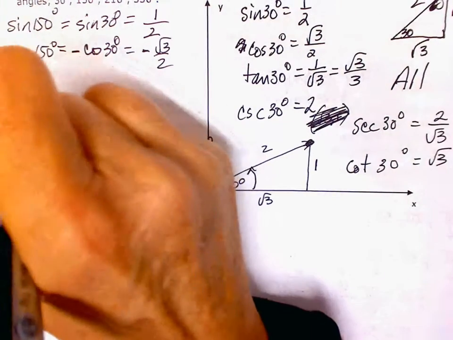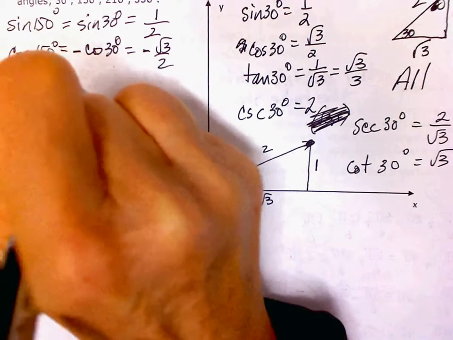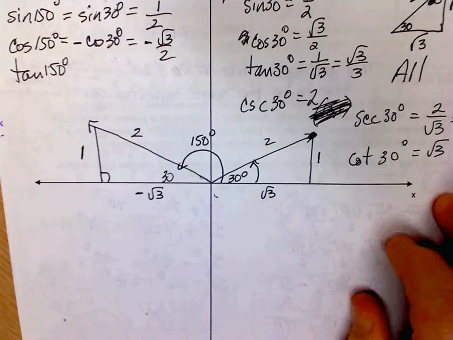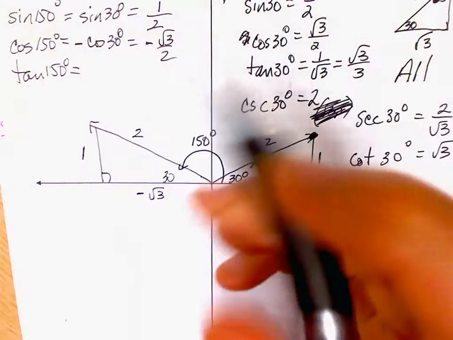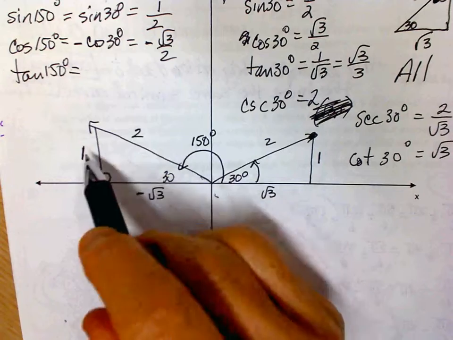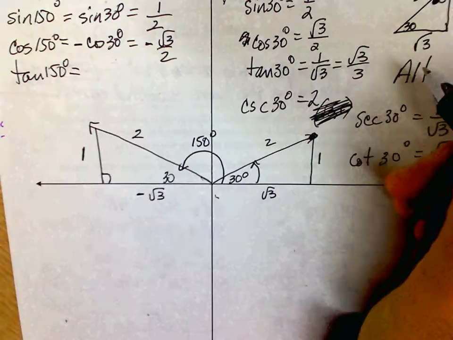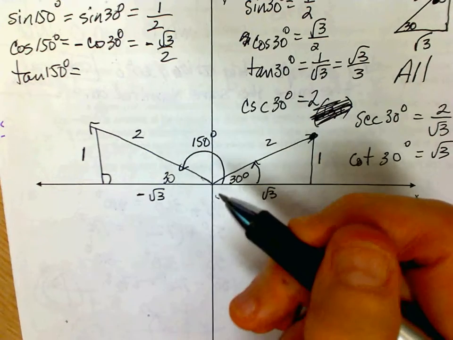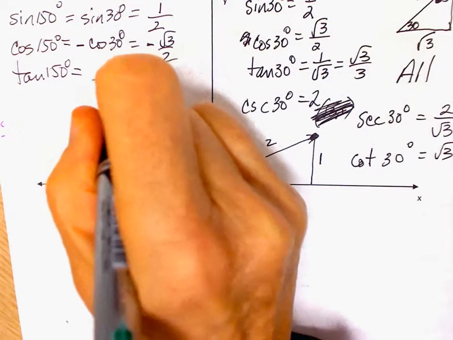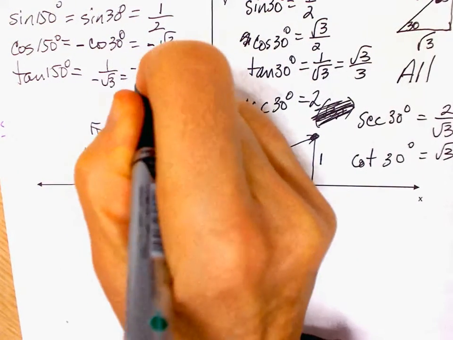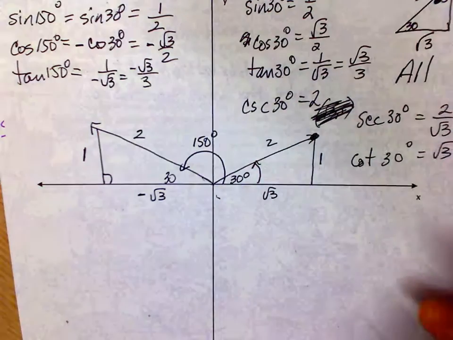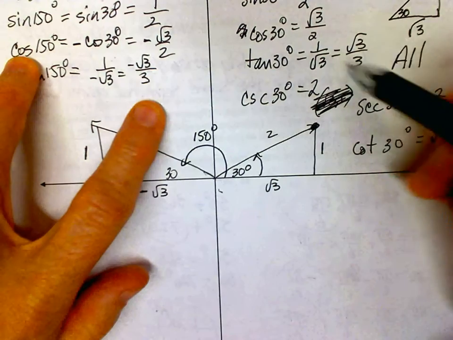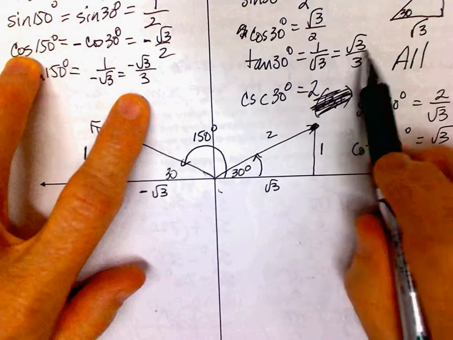That's what you need to realize. Tan of 150 is what? Exactly. But is it positive or negative? Okay. Notice the magnitude is the same, except this one's negative, this one's positive.